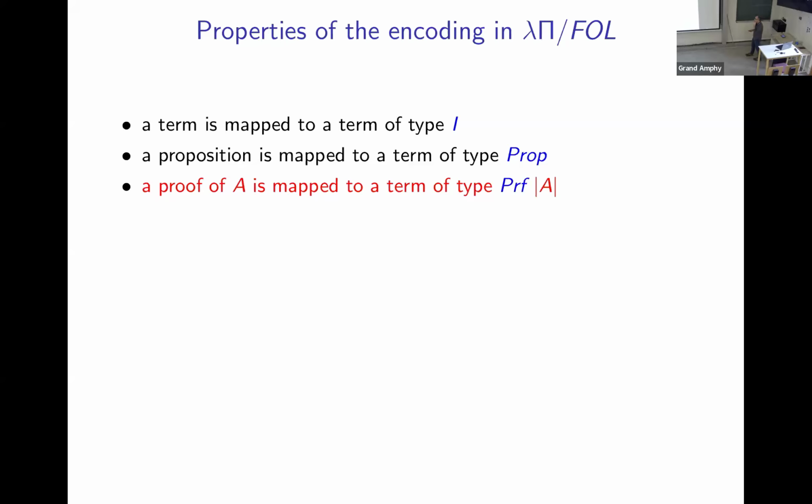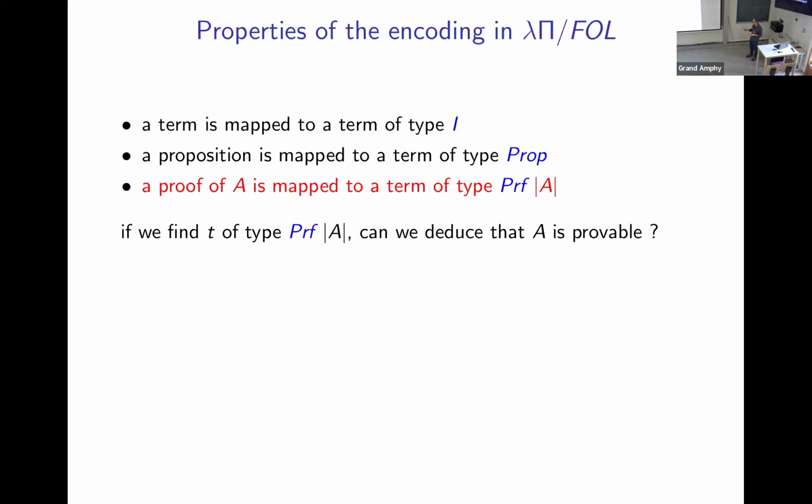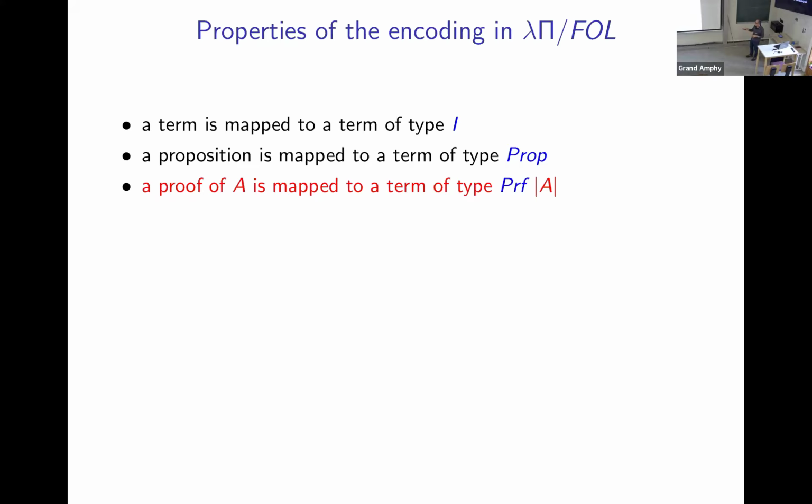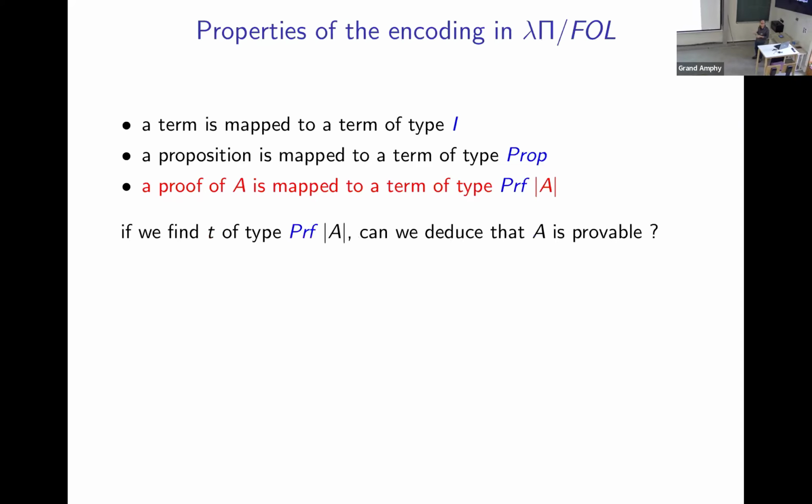We could say that it's a correctness theorem, because something that is provable in first order logic is mapped to a type that is inhabited. But we may wonder now, if by some other way in the logical framework we find a proof of the translation of some proposition, whether it is actually provable in first order logic.